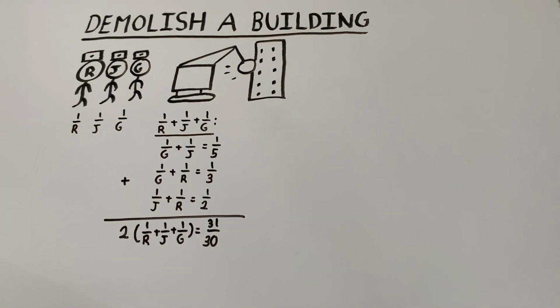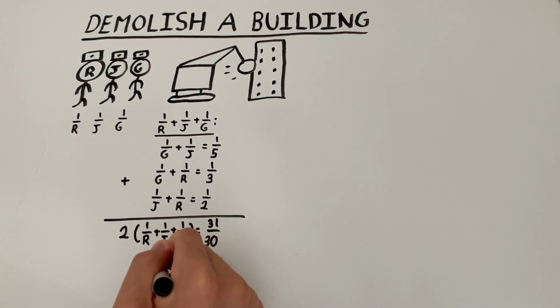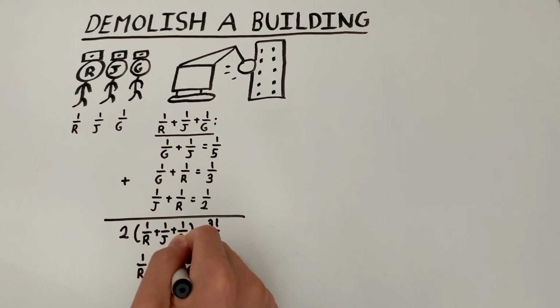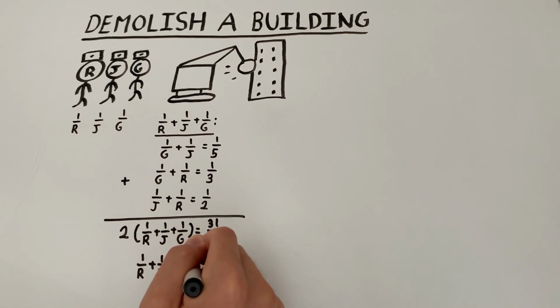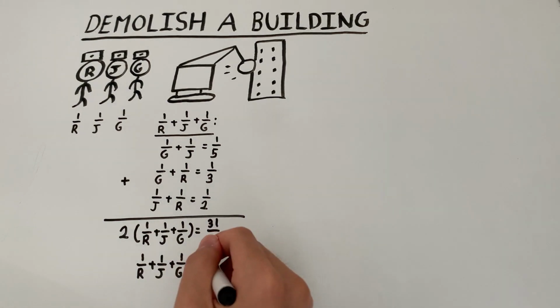And since we're trying to find 1 over R plus 1 over J plus 1 over G, we can divide both sides by 2. And we'll find that 1 over R plus 1 over J plus 1 over G ends up being 31 over 60.